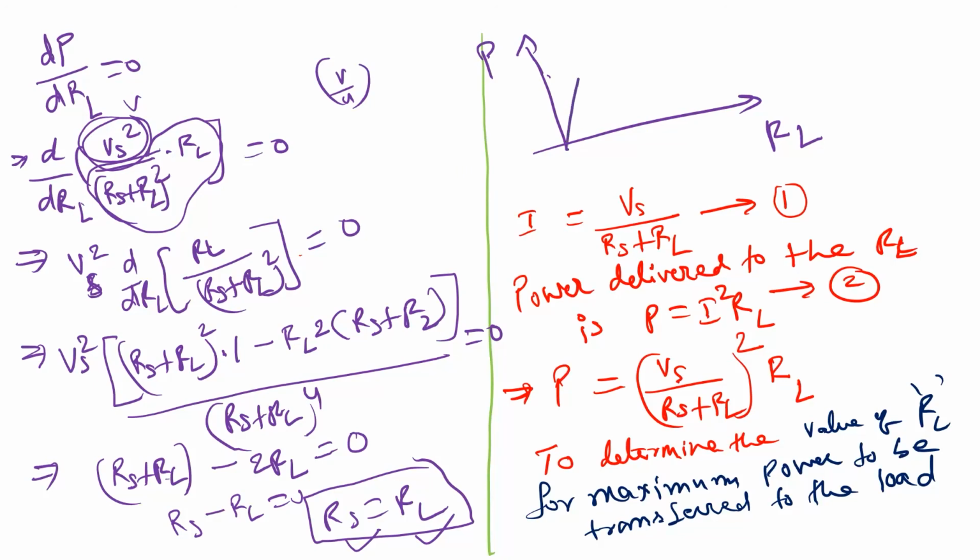This is the P maximum, when your source resistance is equal to load resistance. Then maximum power is transferred. So this is a very important theorem and you should remember. In most of electrical engineering, this formula is very important.